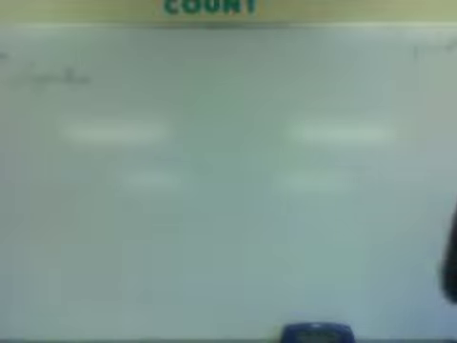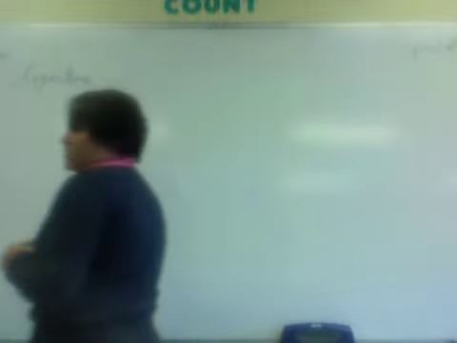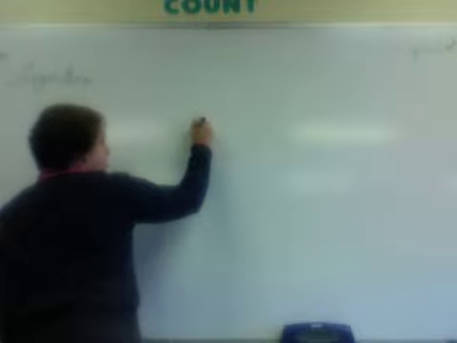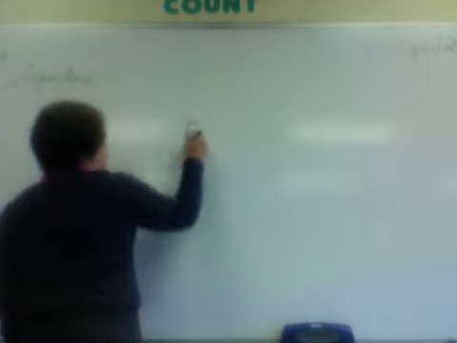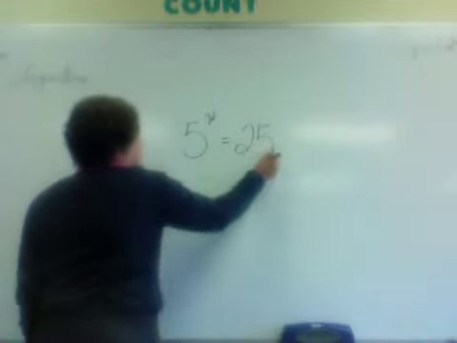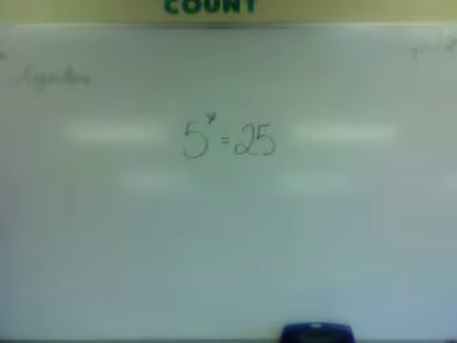they represent. This past week and what we just tested on, we worked with exponential expressions such as this. 5 to the x power is equal to 25. And we were looking for a value of x that would make this statement true.